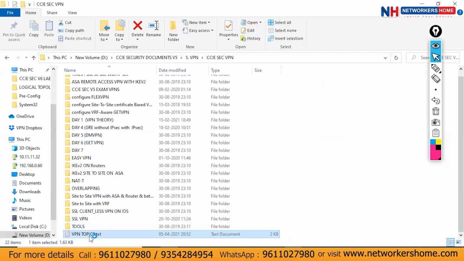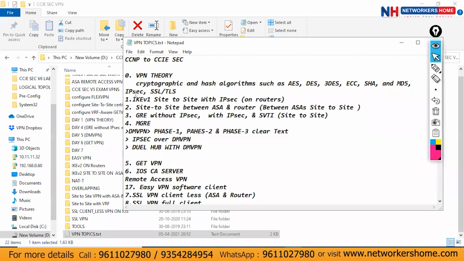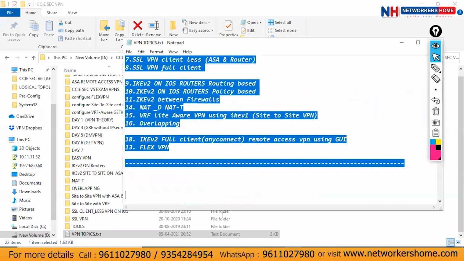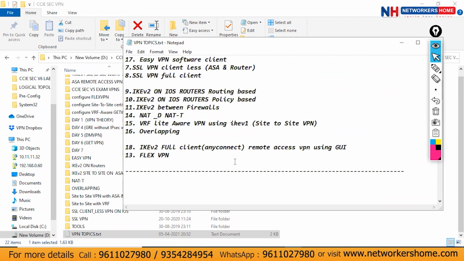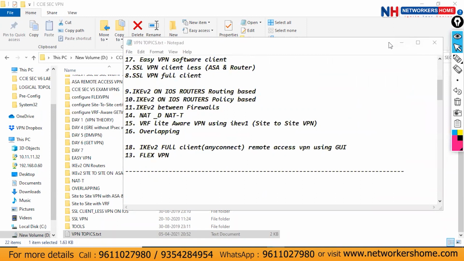These are the list of VPNs. Site-to-site VPN with routers, with IPsec, between firewalls, IPsec with IKEv1. These are basically the VPNs that we configure. You guys getting the point, right? So this is how you should tell about the VPNs.